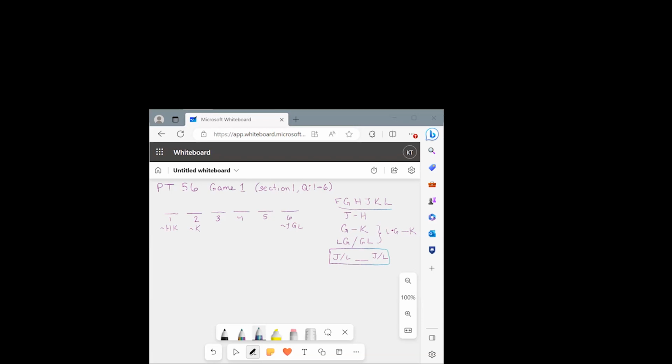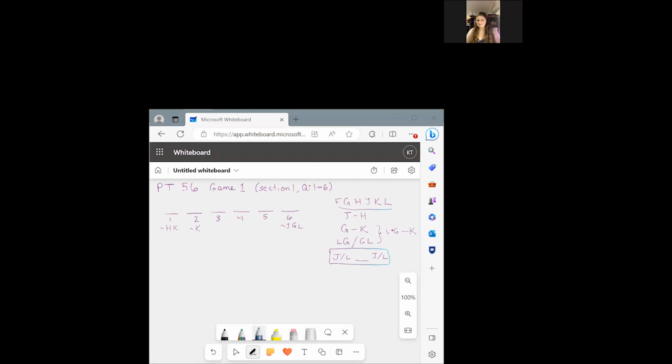B, L is scheduled to audition earlier than K. Very good. Because we made that into a deduction, we know that it must be true. There is no situation in which L will not be before K. Some of the other ones might be true, or could never be true, but B is the only one that must be true.